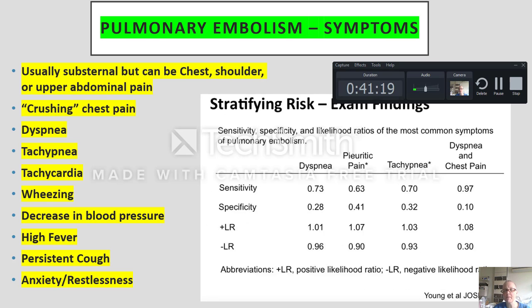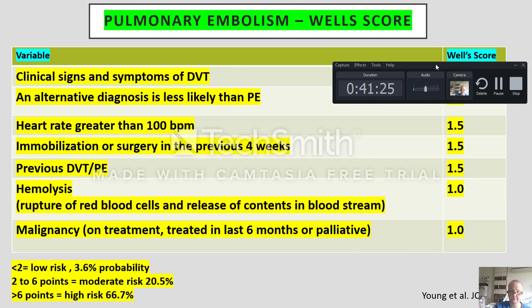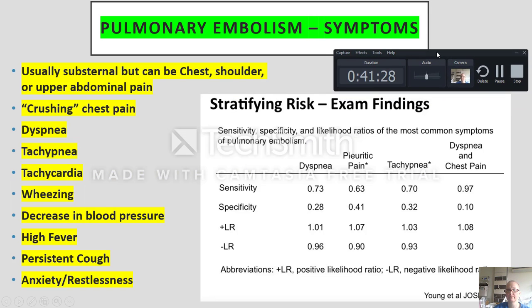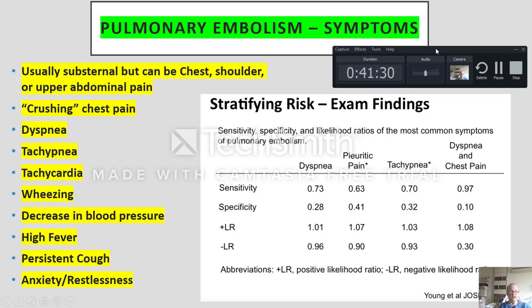Okay. Pulmonary embolism symptoms. Usually substernal, but can be chest, shoulder, or upper abdominal pain. Crushing chest pain.